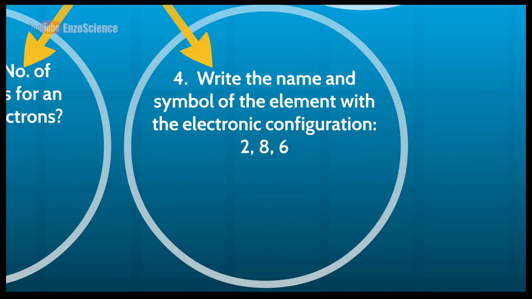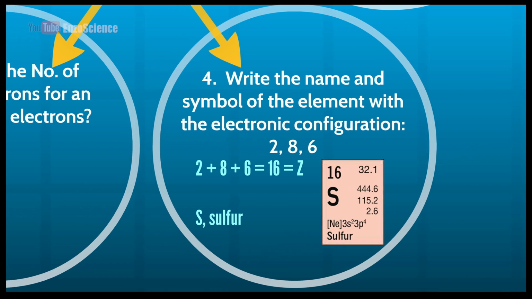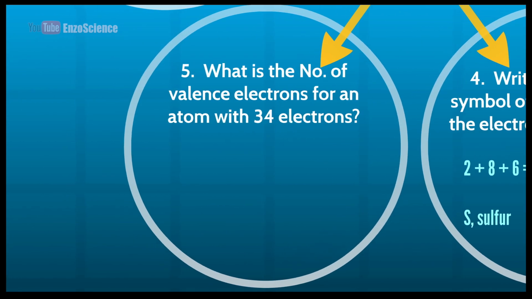Question 4 asks what the element is with such an electron configuration, which is 2, 8, 6. By adding electrons up, we know this atom has 16 electrons, so its atomic number is 16. As per the periodic table, it is sulfur. Question 5 asks for the number of valence electrons for an atom with 34 electrons.